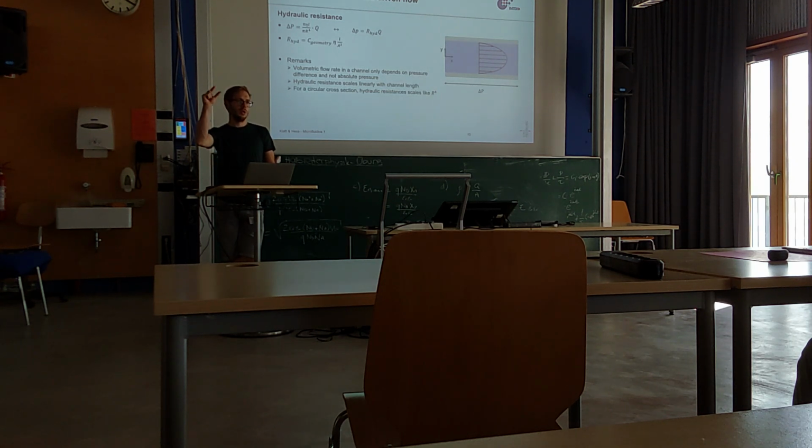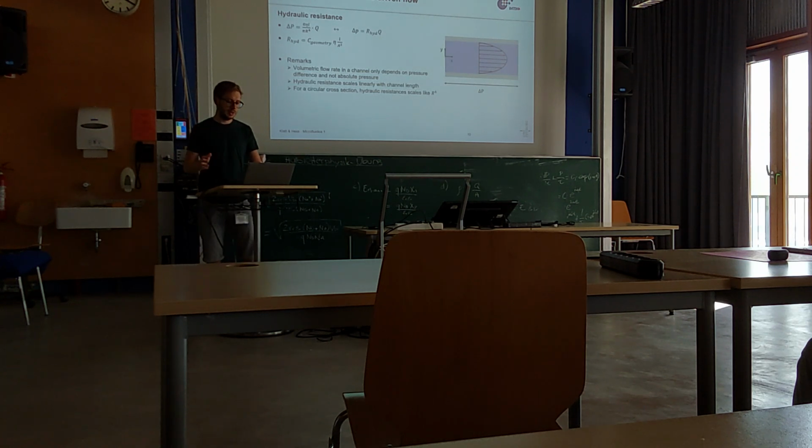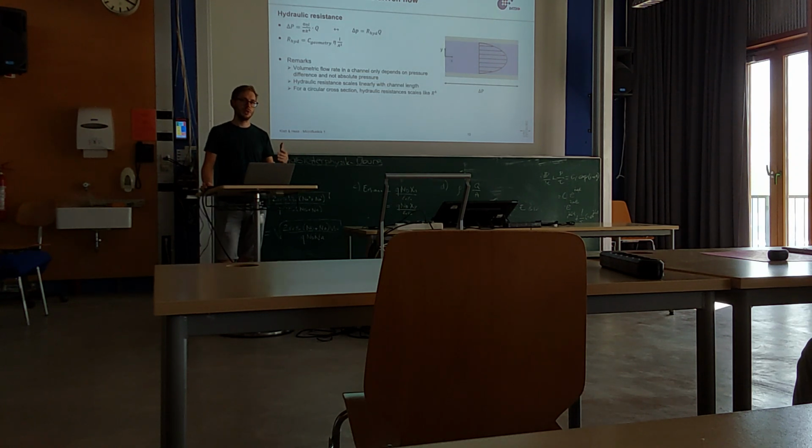So if you decrease your channel width, if you, for example, mill a smaller channel and you then want to apply the same flow rate, you must be aware that the hydraulic resistance scales like this, and you need a much stronger external source. So all those considerations you need to take into account when you want to design a pressure-driven network relate to those basic lectures we covered earlier in this course.